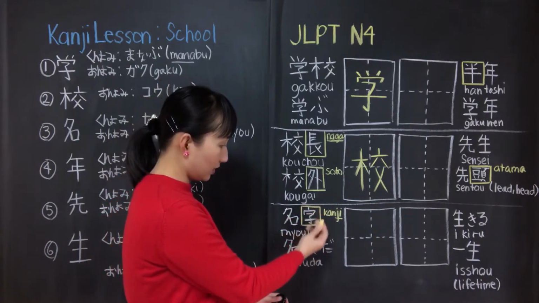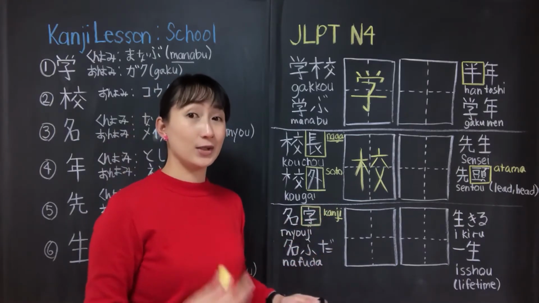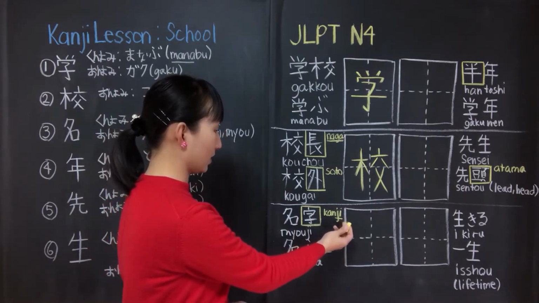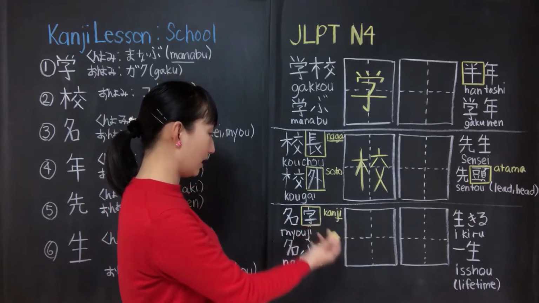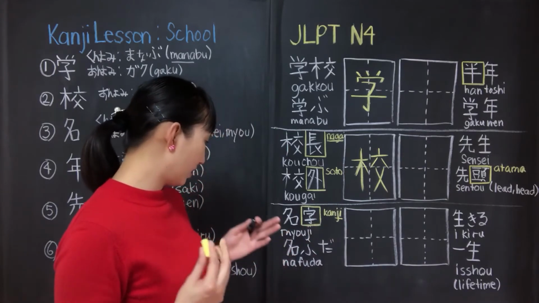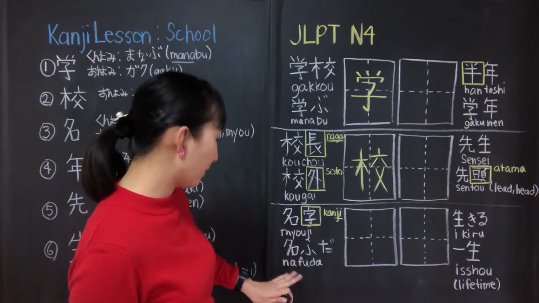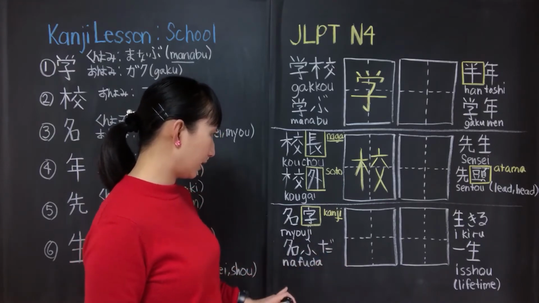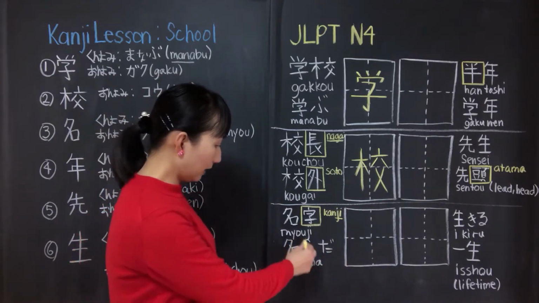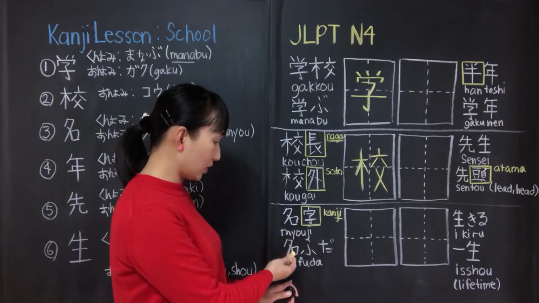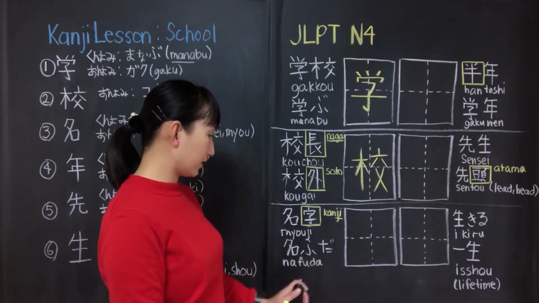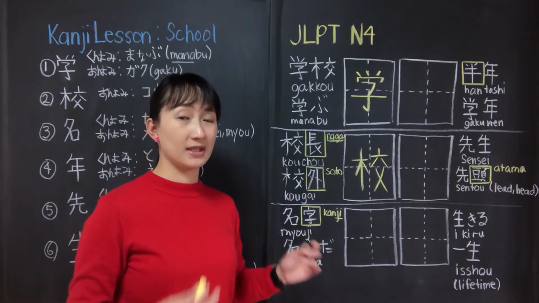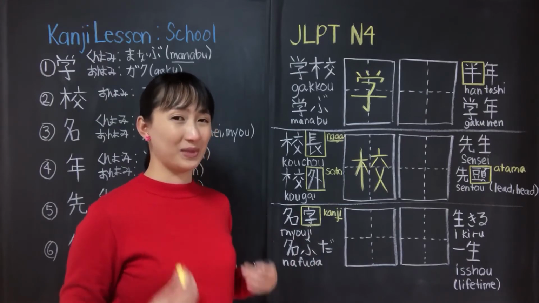This kanji is from kanji no ji. The other example that I have for you is nafuda. Nafuda is only the na written in this kanji, and then fuda is written in hiragana, which means name card or name plate.